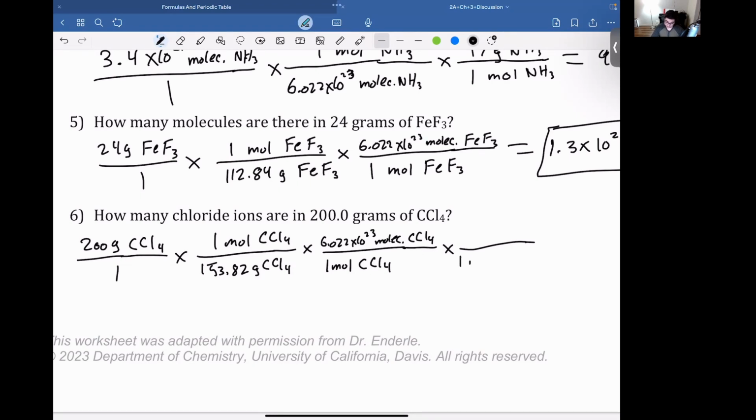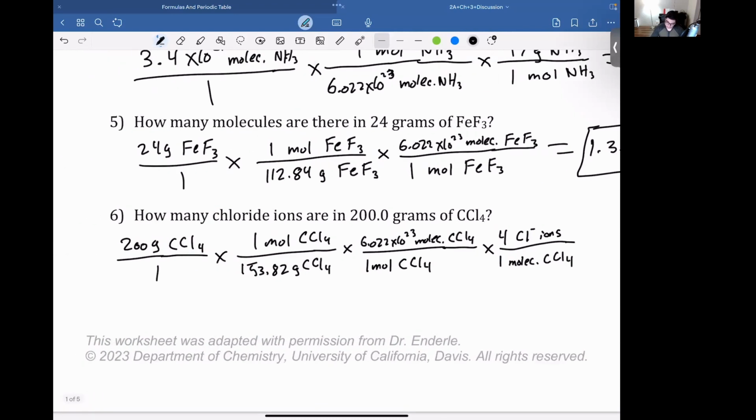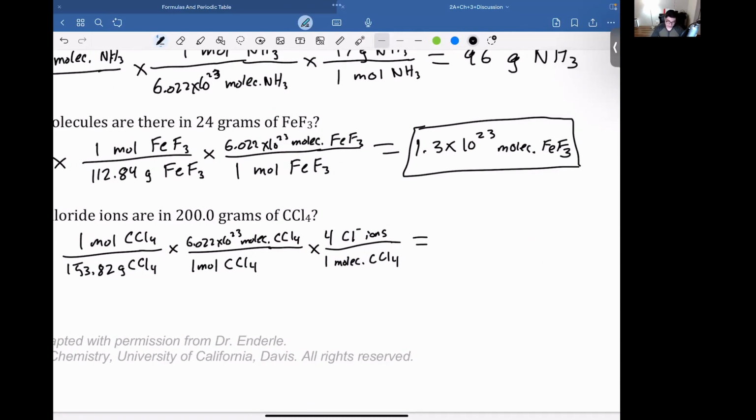So for every 1 molecule of carbon tetrachloride, we have 4 chloride ions. Then the molecules unit cancels out.